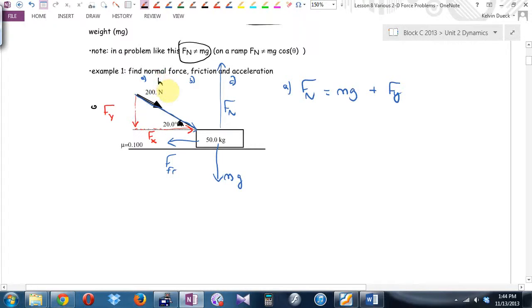Are we back to y is sine? I think in this case it might be, although I'm not sure it'll be that way always, so I'll be a little careful. But I think I would say this. The sine of 20 equals opposite over hypotenuse. So this is going to be mg plus 200 sine 20.